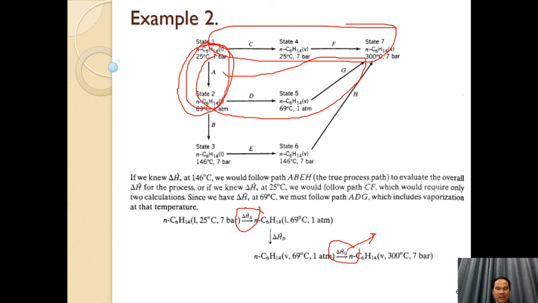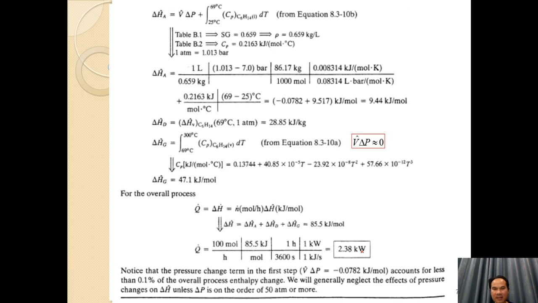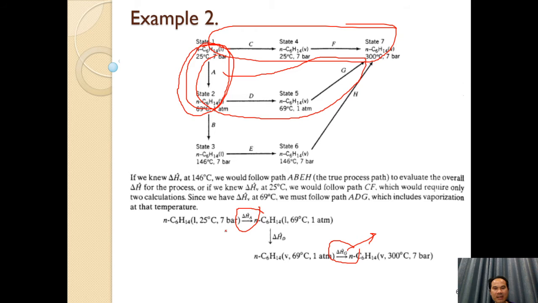liquid phase. That's right. And then you have to calculate delta SA, delta SD, delta SG. Delta SA, that's right. For this, we have two steps, right? For delta SA, this includes the pressure change from 7 bar to 1 bar at constant temperature.